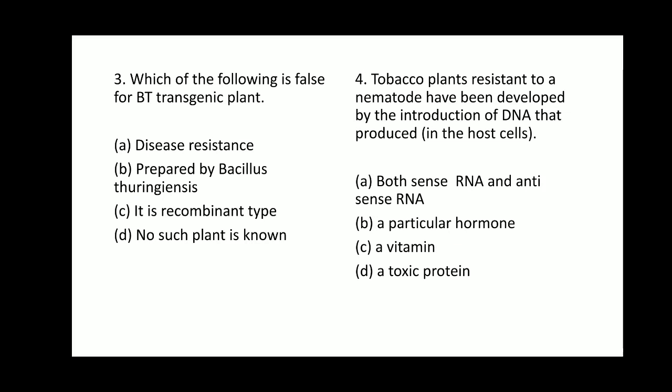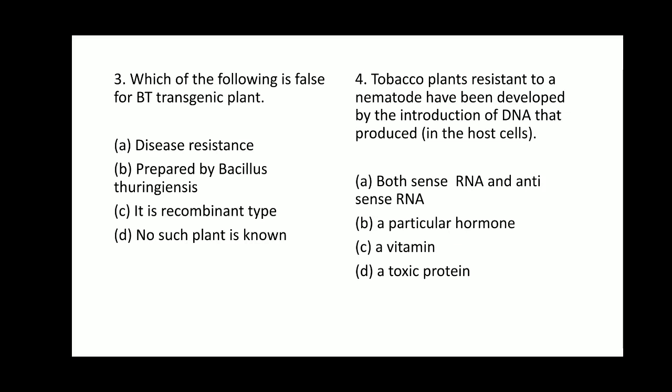Yes, Bt transgenic plant is disease resistance because it has resistance towards insects, so no more insects can damage the plant. And option B, prepared by Bacillus thuringiensis, yes, it contains genes isolated from Bacillus thuringiensis known as cry genes.